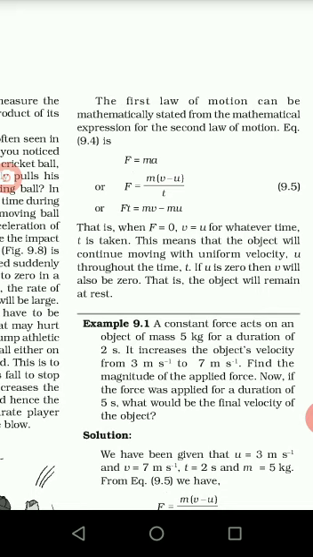When F equals 0, v equals u for whatever time t is taken. This means that the object will continue moving with uniform velocity u through the time t. If u is 0, then v will be 0, that is, the object will remain at rest.